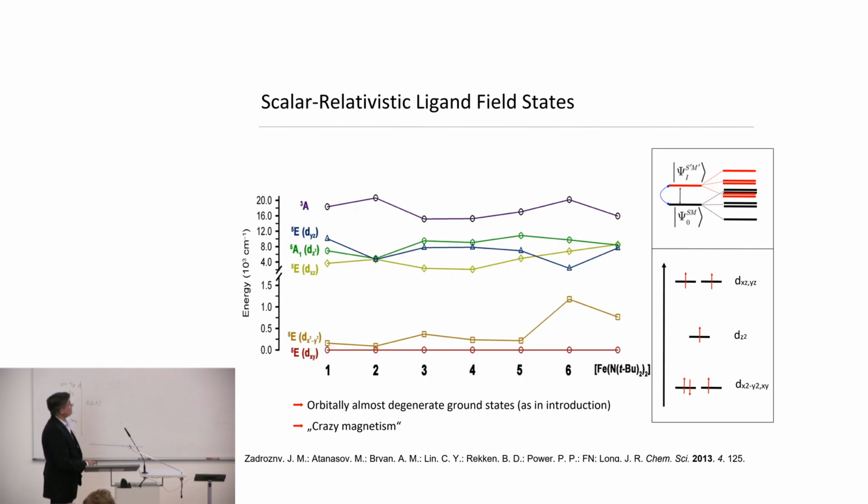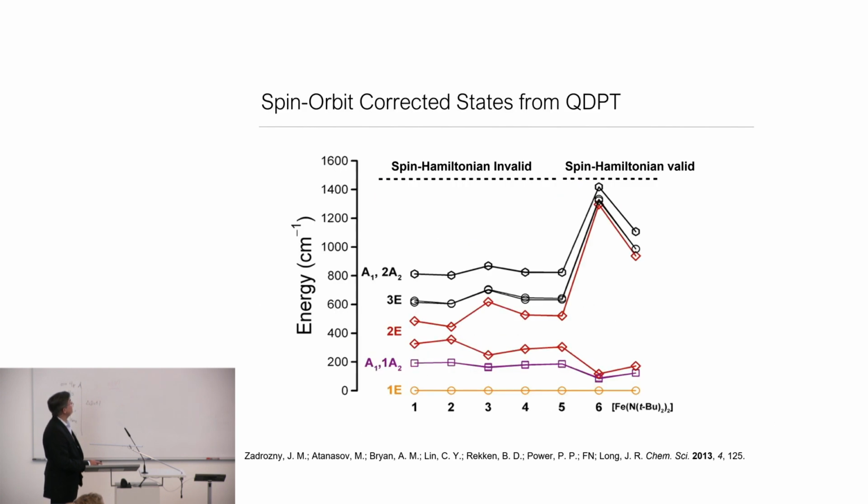All right, and so that is the molecular orbital scheme here. And what you see is that in all of these systems those magnetic sublevels run into each other and you get crazy magnetism. You see that nicely when you turn on the spin-orbit coupling and diagonalize the QDPT matrix as I have explained to you: now you have a dense manifold of 10 electronic states.